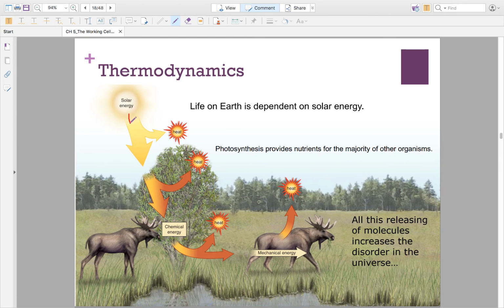All energy, all of it, comes from the sun. And it is picked up by photosynthetic organisms, like a tree, for example. Photosynthetic organisms can convert solar energy from the sun into this form, chemical energy.